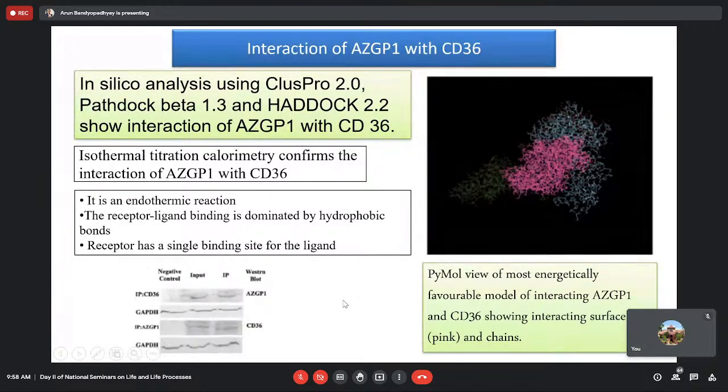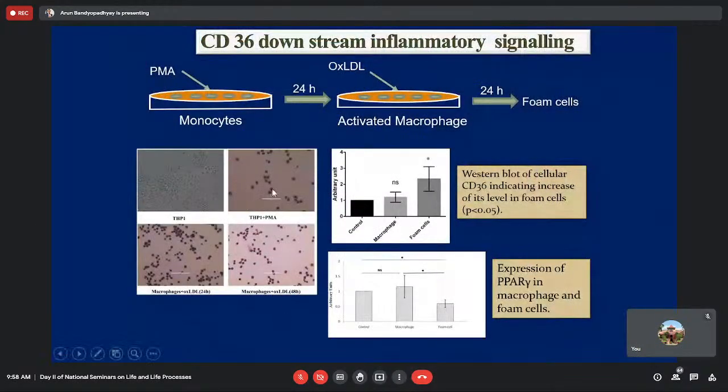So it binds to macrophages, and then what does it do? We converted monocytes into macrophages, and the macrophages were activated using oxidized LDL and transformed into foam cells within 24 hours. We developed this in vitro system.